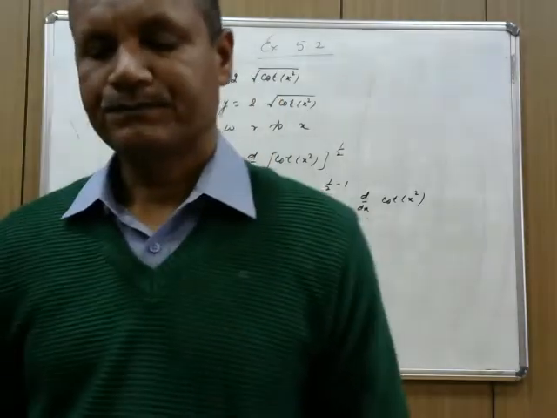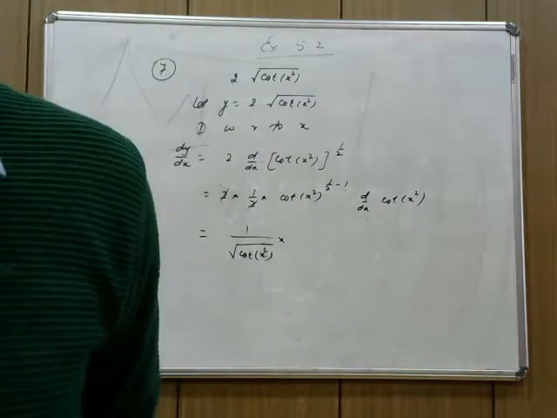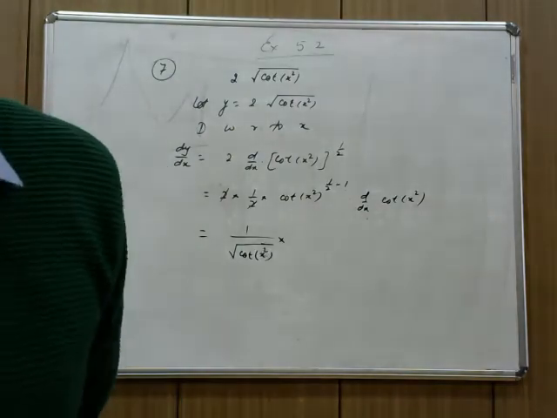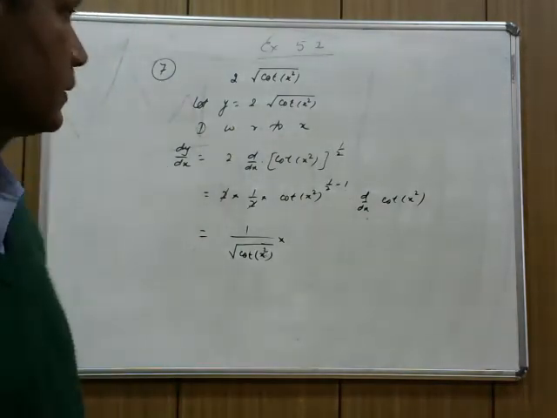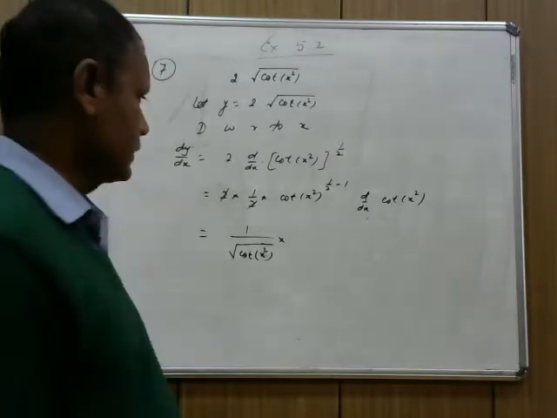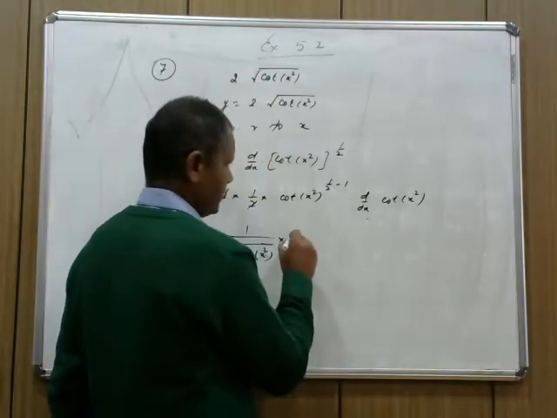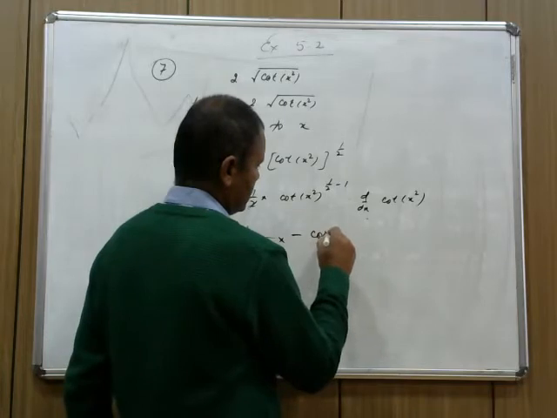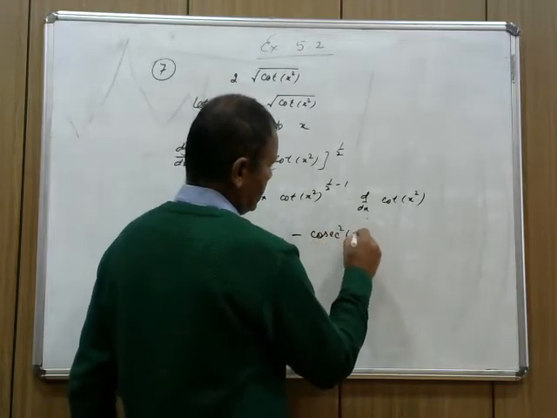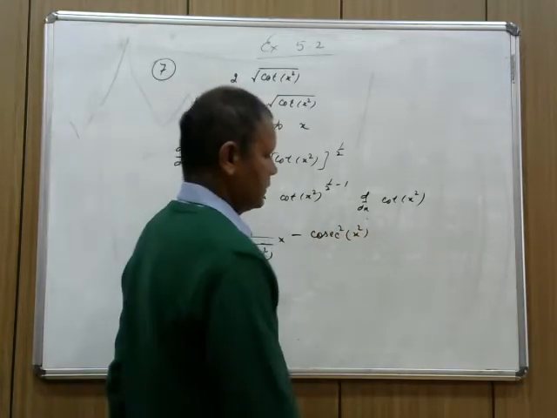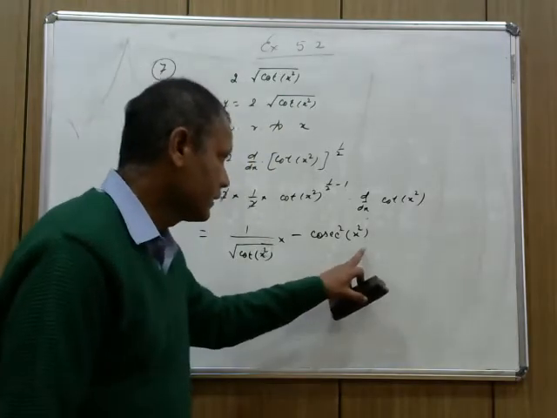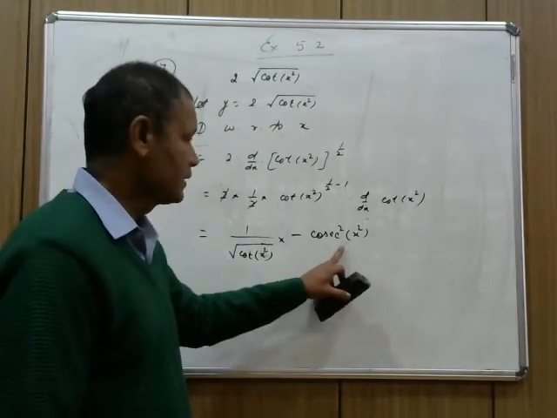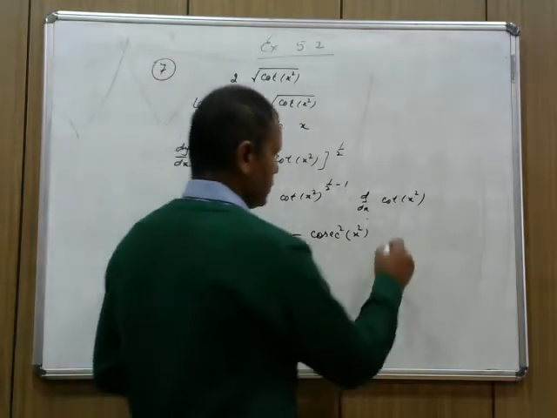Differentiation of cot x square will be what? Minus cosec square x square. Yes or no? Now, what is left? x square is left again. Differentiation of x square is how much?